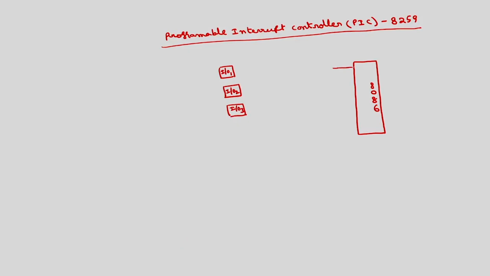Suppose the number of interrupts is more than or equal to the number of IO devices. Suppose I have 3 interrupts, of course in 8086 we have 2 interrupts only, so I will call it a general microprocessor. First I will explain the concept. This 8259 is compatible with 8085, 8086 and some other microprocessors also.